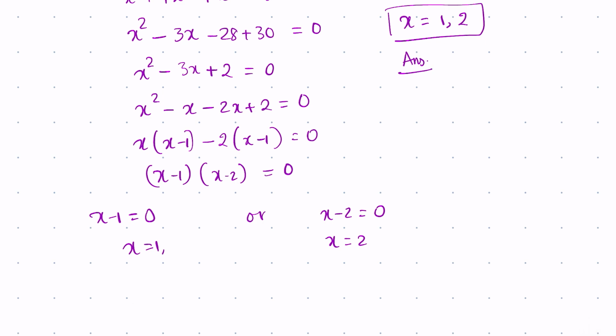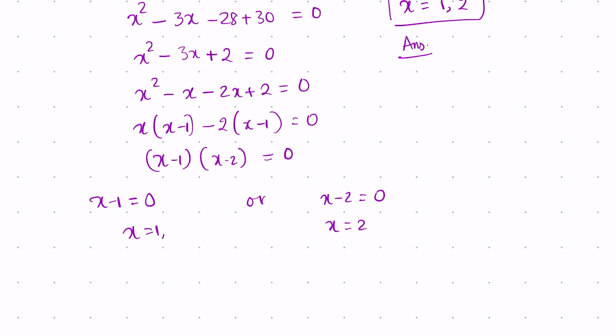Okay, we move on to question number 32 now. So what does question number 32 say? Question number 32 says, prove that the tangent at any point of a circle is perpendicular to the radius through the point of contact. Okay, so let's make a diagram.